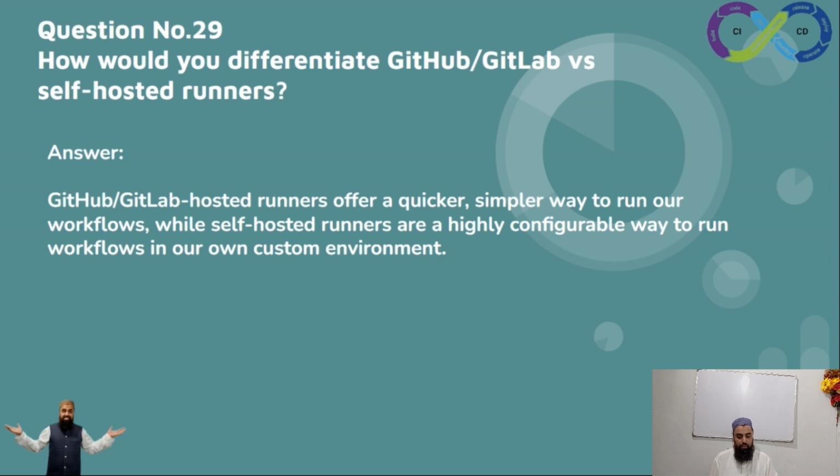Self-hosted runners are a highly configurable way to run workflows in our own custom environment. So we have to build our own runners, VMs, and those are known as self-hosted runners. GitHub and GitLab CI also offer free runners to run our workflows on GitHub Actions or GitLab CI/CD.